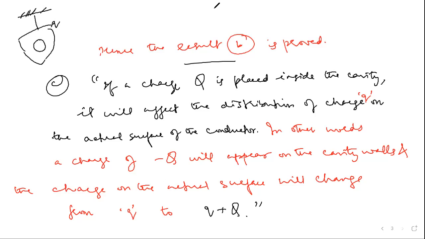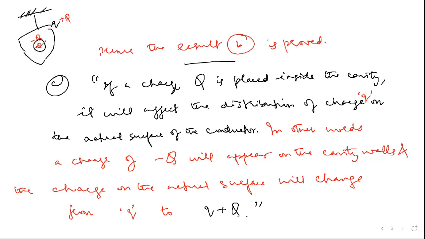Now if I place plus Q charge inside the cavity, some charged particle, minus Q charge will appear on the cavity walls, and the charge on the actual surface of the conductor will change from small q to small q plus capital Q. Still the total charge within the body of the isolated conductor is q plus Q minus Q, that is q. That is the meaning of this statement. If a charge Q is placed inside the cavity, it will affect the distribution of charge q on the actual surface of the conductor.